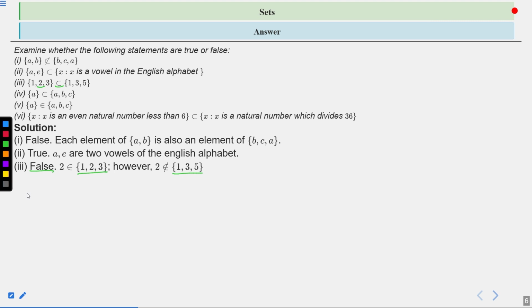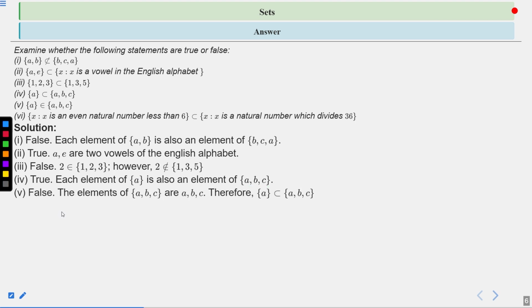Now the fourth statement is true. Why? Because this is a singleton set and we have the element A, and the element A belongs to this set. Yes, so by definition, it is a subset. So true.